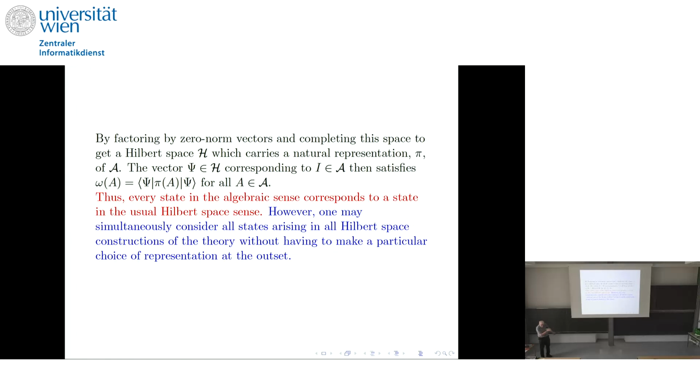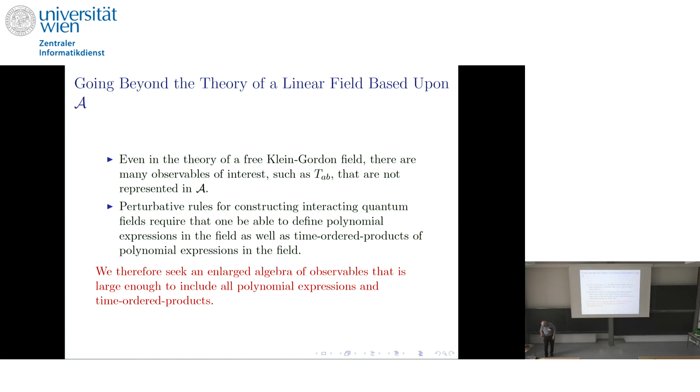If you want, you can put your state into a Hilbert space that carries a representation of the algebra. You don't need to. Maybe that'll be convenient for some. It's sort of like introducing coordinates. If you're doing differential geometry on a manifold, you can do it if you want, and it may be useful to do it, but you don't have to do it.